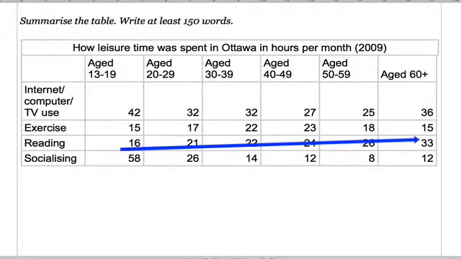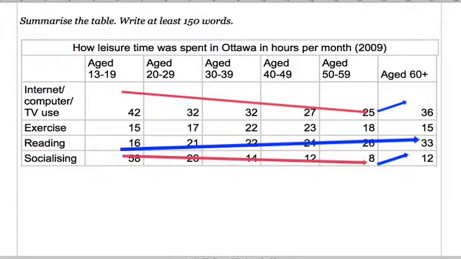However, trends for internet, computer, and TV use and socializing appear to decrease as age increases, which is a trend that's true until the age of 60 plus when the trend reverses. The trend for exercise appears to do the opposite. So average hours increase with age and dip among those 50 years of age and older.